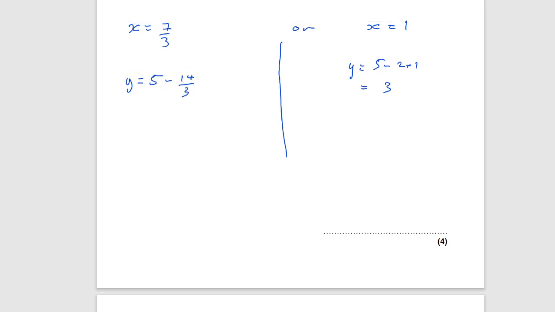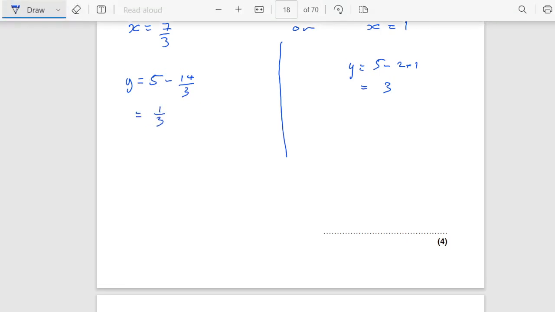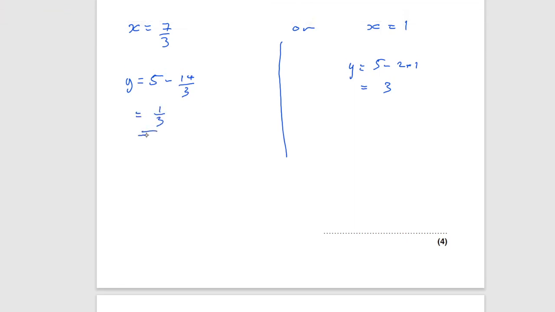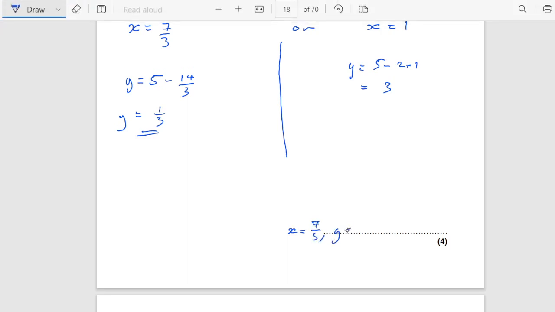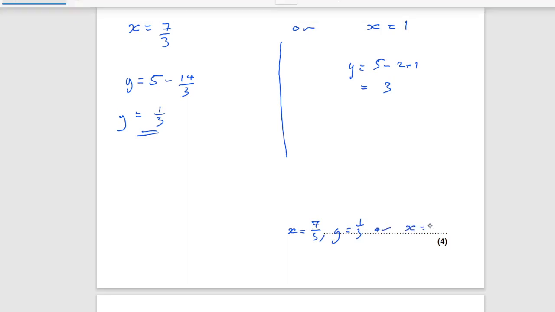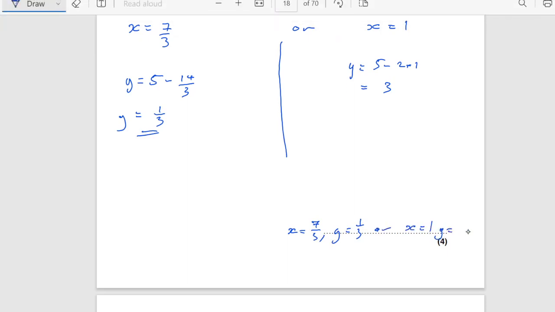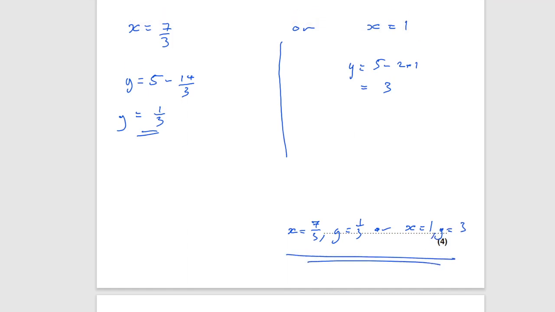Well, 5 is going to be 15 over 3, so that would be just 1 over 3. So that's my pair of solutions, and I write them as a pair. So it could be x is equal to 7 over 3 and y is equal to a third, or x is equal to 1 and y is equal to 3. 2 sets.